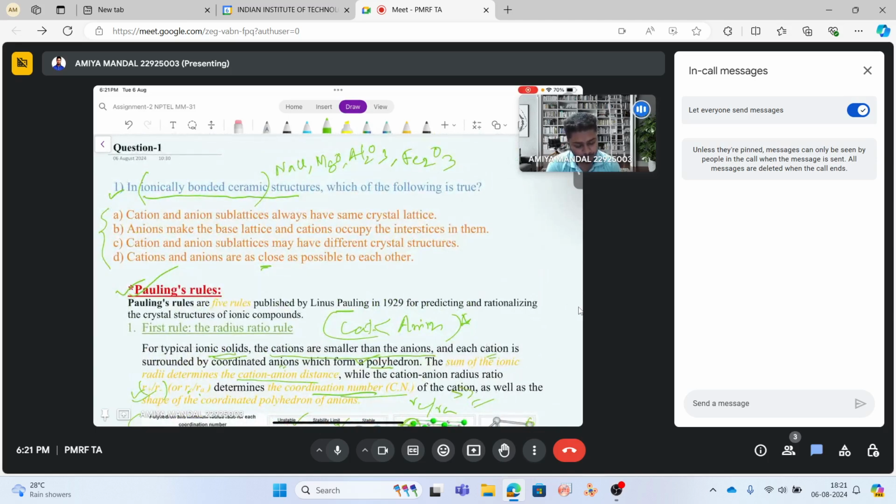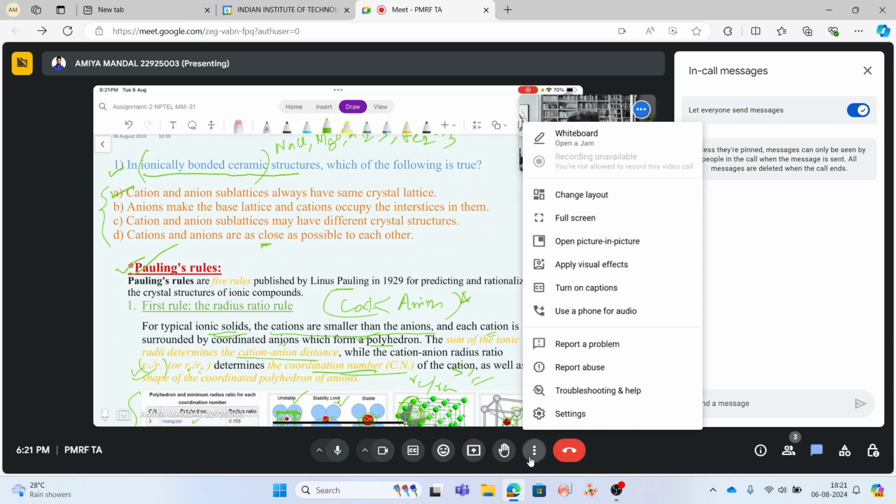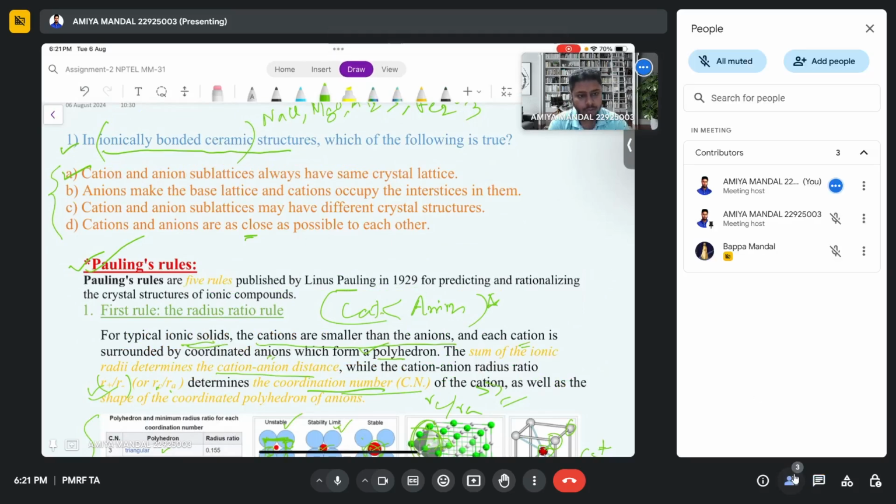Does cation and anion sublattices always have the same crystal lattice? It's acceptable, it's true.